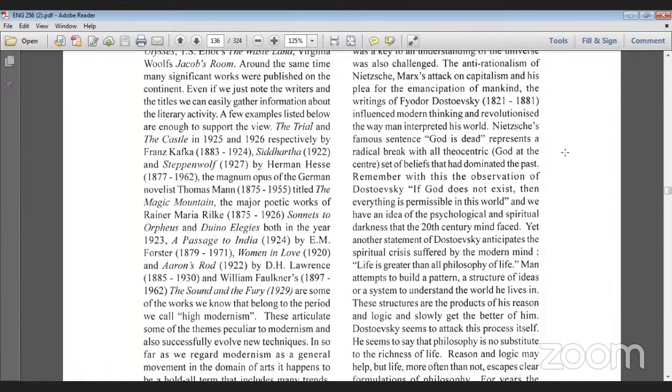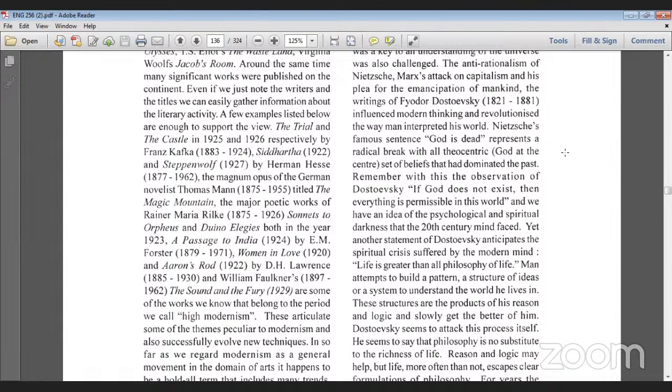You have to write this down in your paper, from the exam point of view. While writing the answers, you have to simply see who has written what. Okay, A Passage to India in 1924, written by E.M. Forster, 1879 to 1970. Women in Love, 1920, and Aaron's Rod, 1922, by D.H. Lawrence, a famous writer, 1885 to 1930.